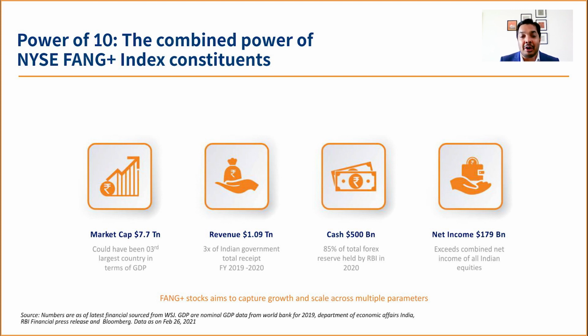These companies hold more than $500 billion in cash, which is 85% of the total forex reserve held by RBI in 2020. And the net income of these 10 companies is $179 billion, which exceeds the net income of all Indian equities in the portfolio. But these companies are mega companies.